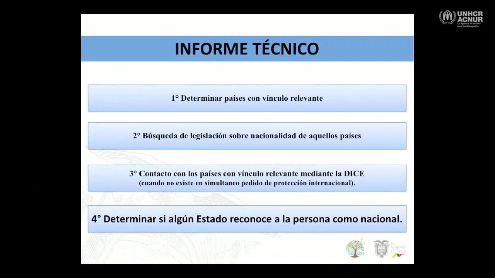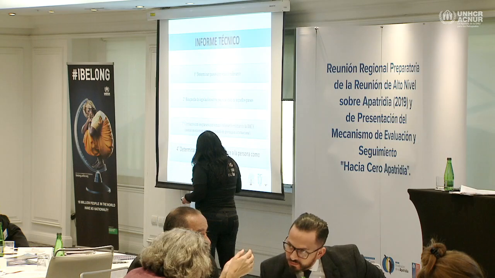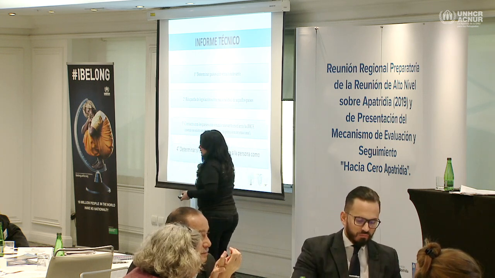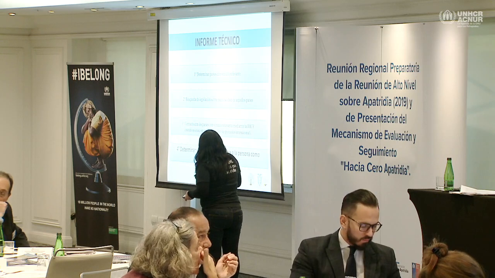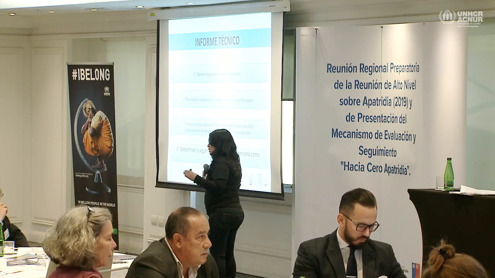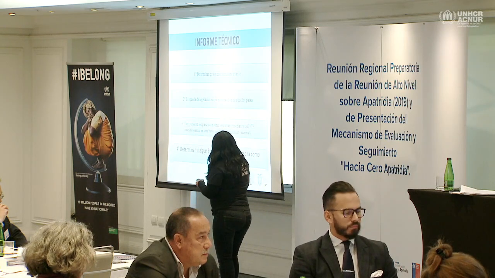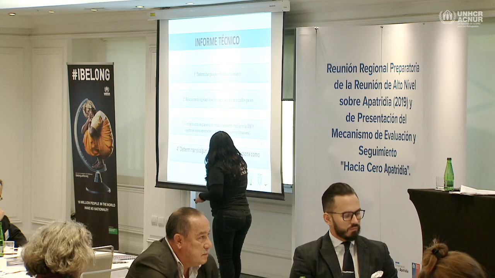As I mentioned before, it's very important for us to have this technical report that is produced, and out of the short experience that we have in the case of statelessness, it is very important for us to determine the countries that have a relevant or significant link, to do a comprehensive study of the legislation prevailing in those countries to see whether this person is at the same time an asylum seeker.